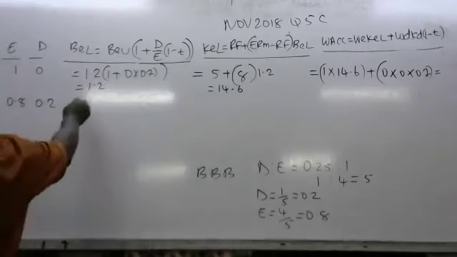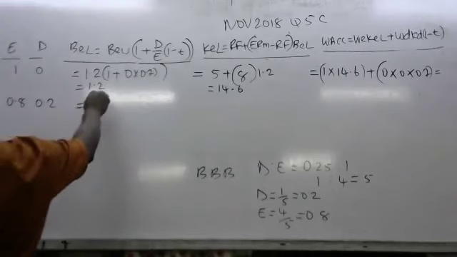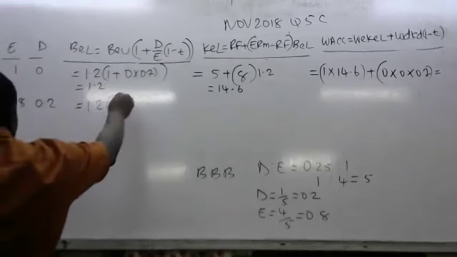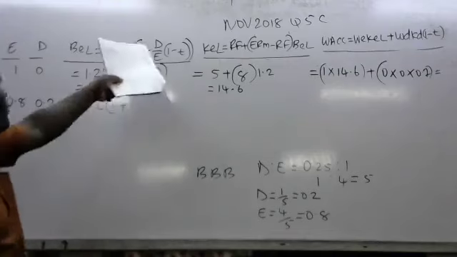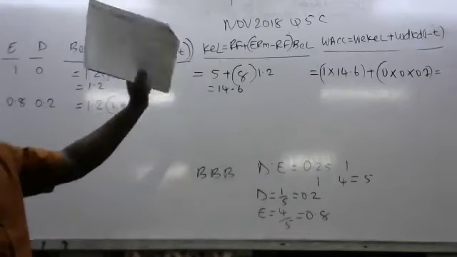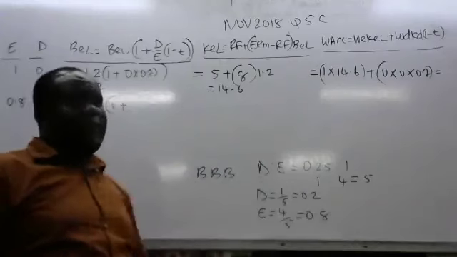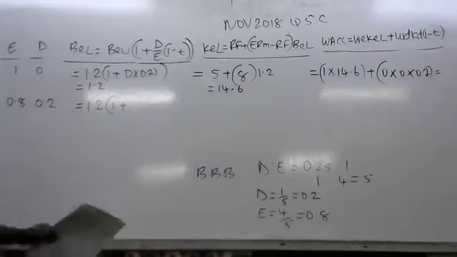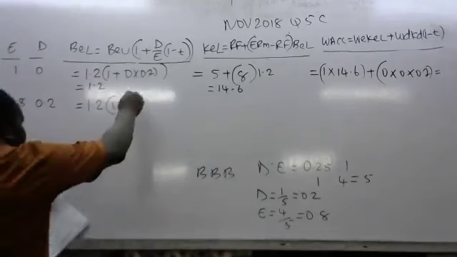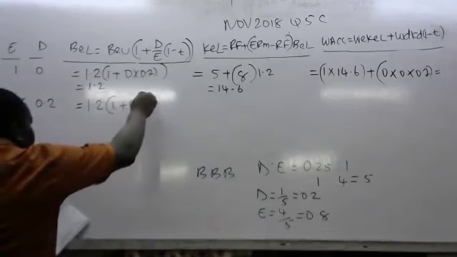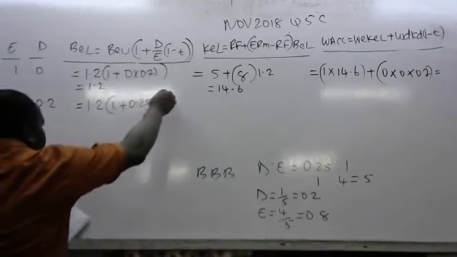Then now at this point, 1.2, then 1 plus debt over equity, they have already calculated for you, 0.25, multiplied by 0.7.